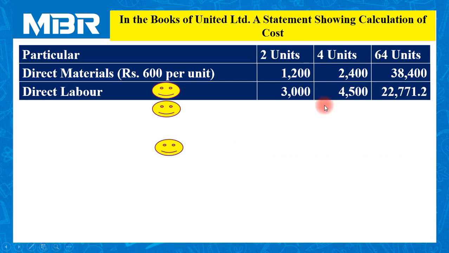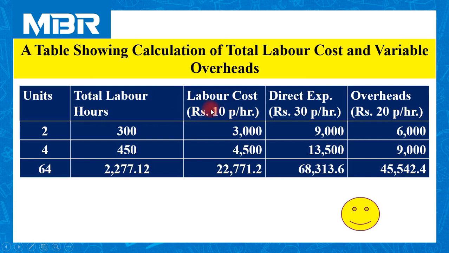Direct labor, 3,000 rupees for 2 units, 4,500 for 4 units, and while making 64 units, we have to pay 22,771.2. That we can directly copy and paste from here.